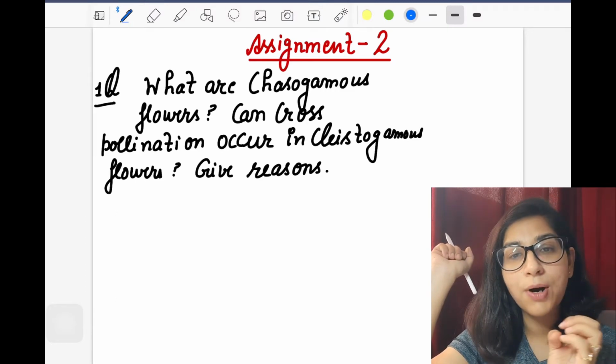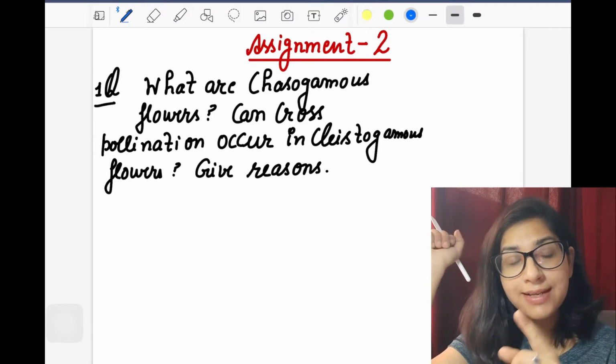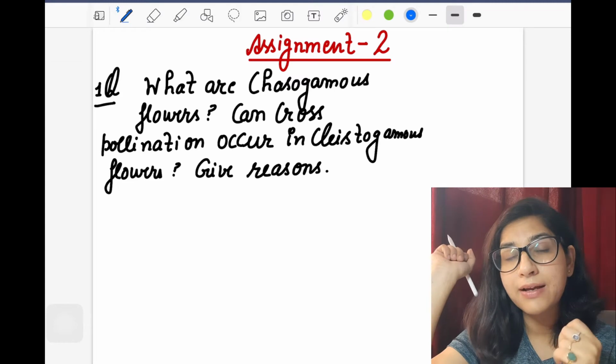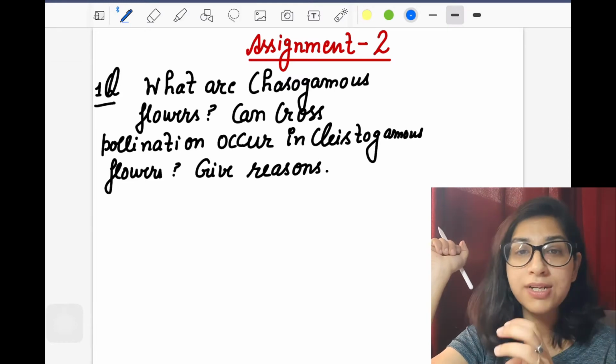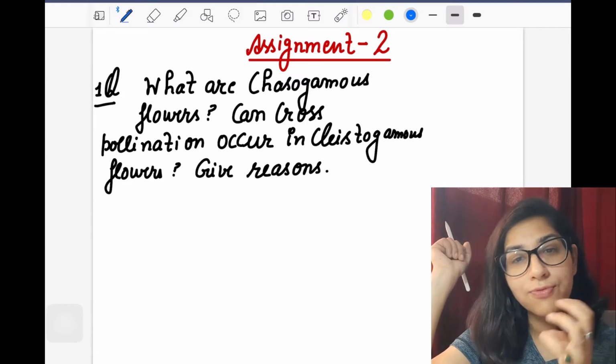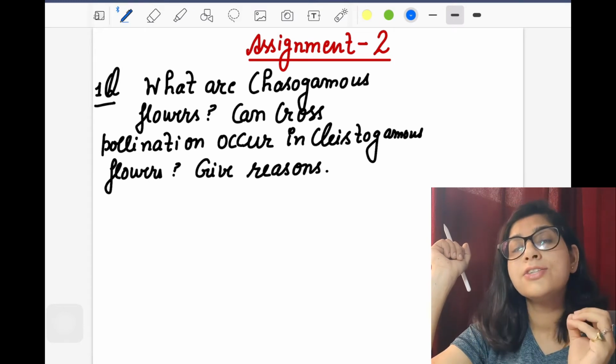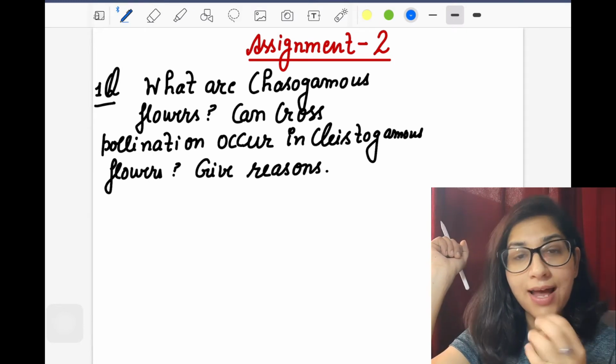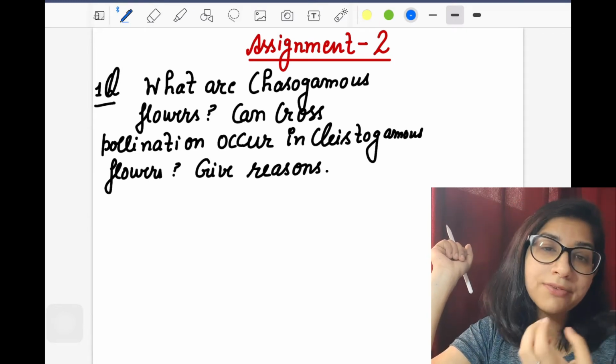That is about the flowers. It is mentioned in NCERT, two terms that are very important in pollination, and these two types of flowers are Chasmogamous as well as Cleistogamous flowers, right?